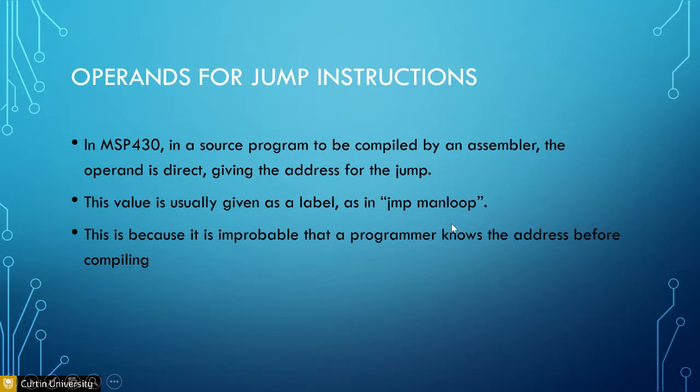It just does whatever it's supposed to do, because it's improbable that a programmer knows the address before compiling. So this label makes it convenient for you to not need to memorize the location of the instruction sets. Probably main loop is somewhere in the program. You just put in a label, and it will automate it for you.